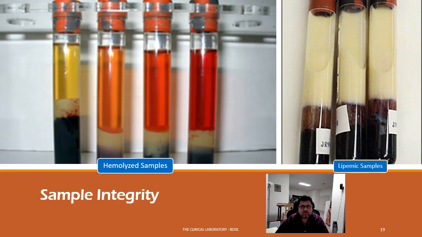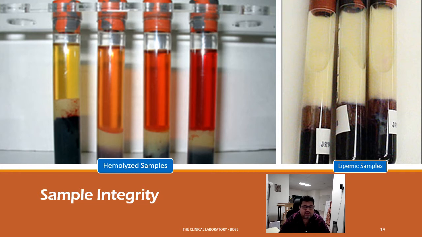There are certain factors that are seen most of the times in the pre-analytical phase: loss of sample integrity. So loss of sample integrity is not about the sample getting lost, but that these samples are tainted, they are less than optimal for testing.